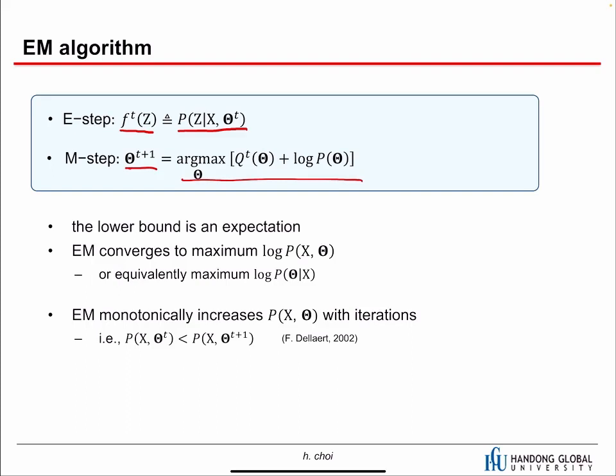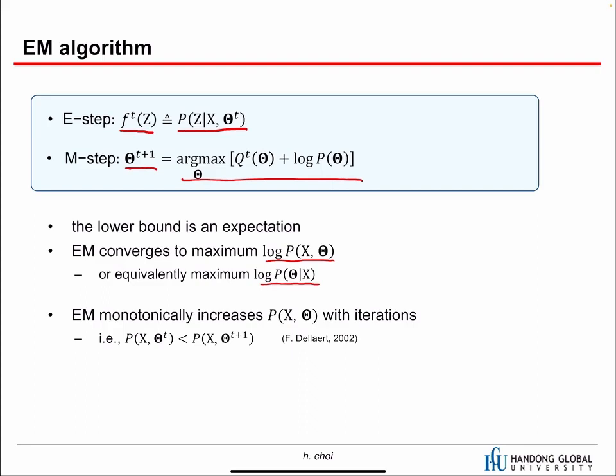In the EM algorithm, the lower bound is an expectation. EM converges to a maximum log probability, or equivalently maximum log posterior probability, joint probability or posterior probability. If we start maximizing the likelihood, then it converges to the maximum likelihood.